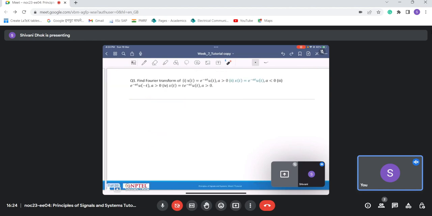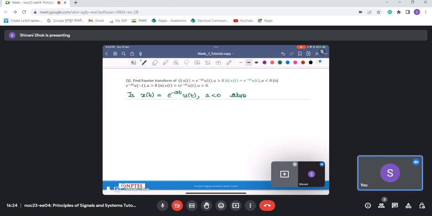But instead of doing that, let us check the first Dirichlet's condition of absolute integrability. So we will check whether x(t) equal to e power minus at u(t) for a less than 0 is absolutely integrable.